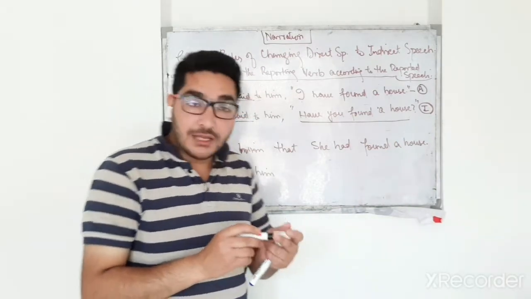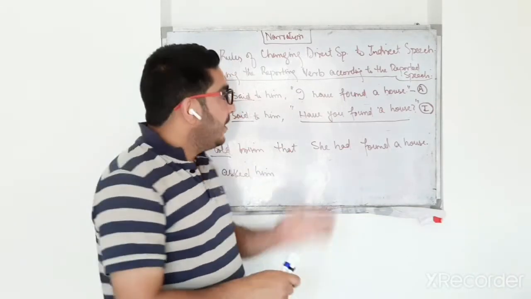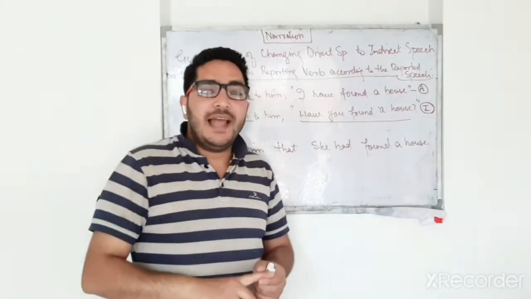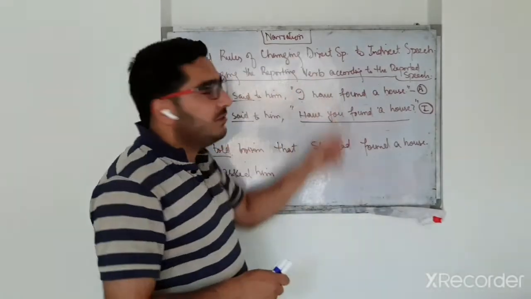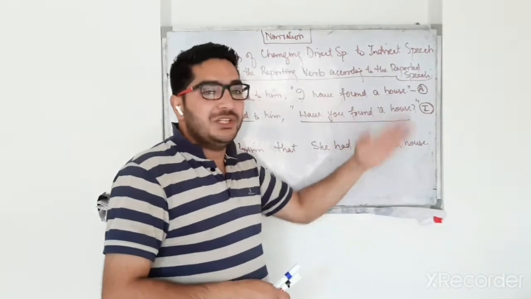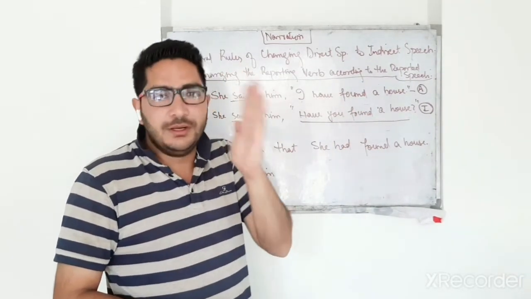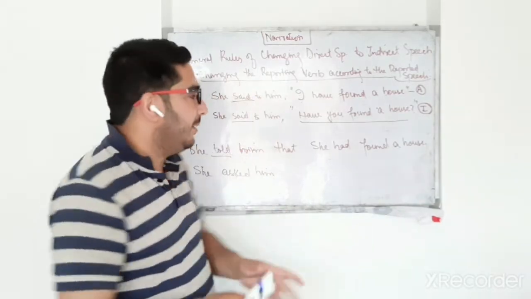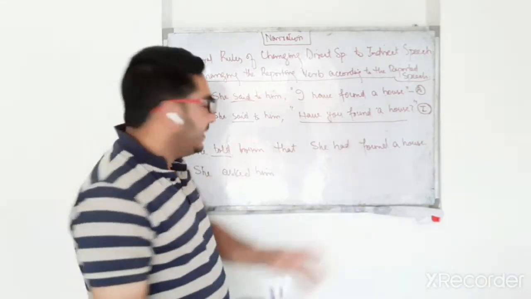These rules we will also do in specific sentences. But here you should know that all the reporting verbs are changed according to the reported speech, according to the mood of the reported speech. This thing we should remember. The second sentence is not a statement, it is a question.